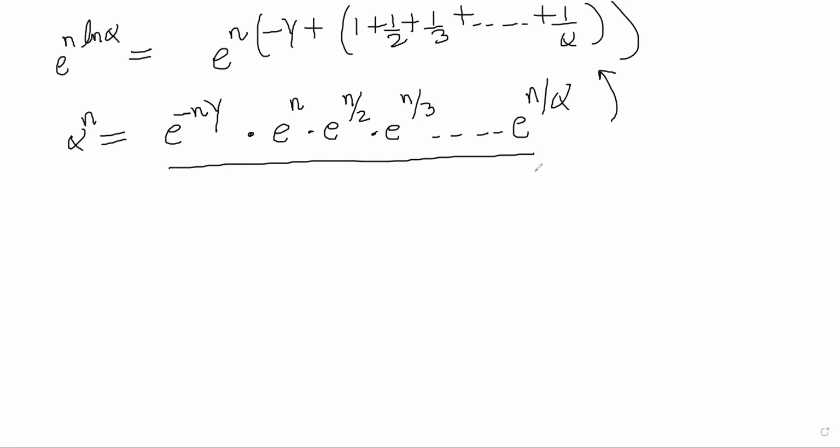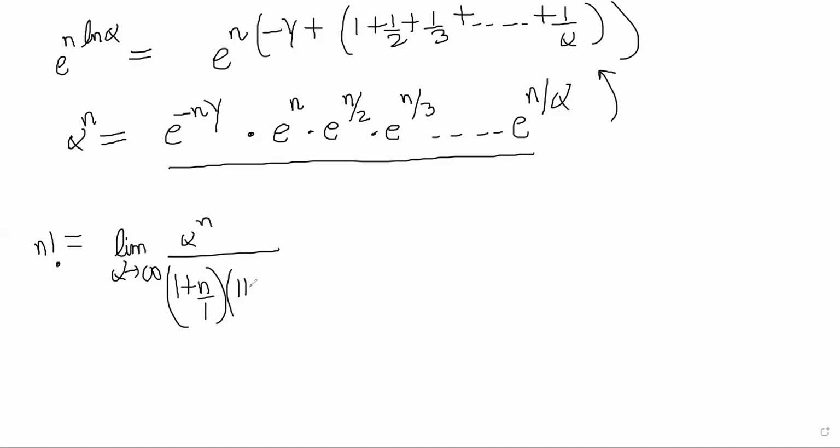Great. So the earlier expression that we had was n factorial equal to the limit as alpha tends to infinity of alpha power n divided by 1 plus n by 1, 1 plus n by 2, and so on till 1 plus n by alpha, right?